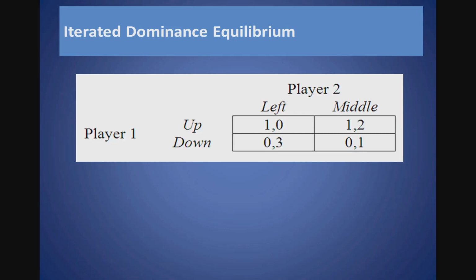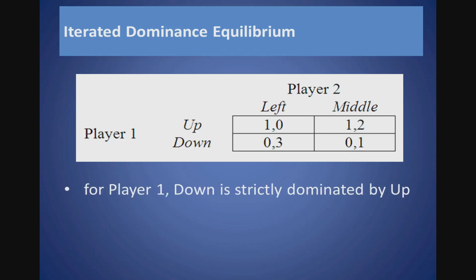Now what I want to do is go back to player 1 and think, what outcomes does player 1 have? What payoffs does player 1 get? Well, for player 1, if he chooses up, he gets a payoff of 1 or 1. 1 if player 2 chooses left, 1 if player 2 chooses middle. But if he chose to play down, he would get a payoff of 0 in either scenario. In both cases, it gives a lower payoff.